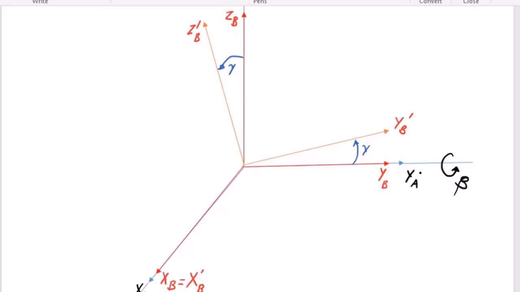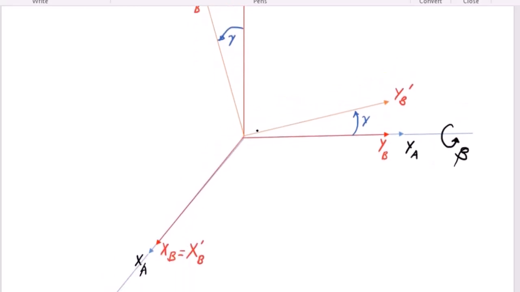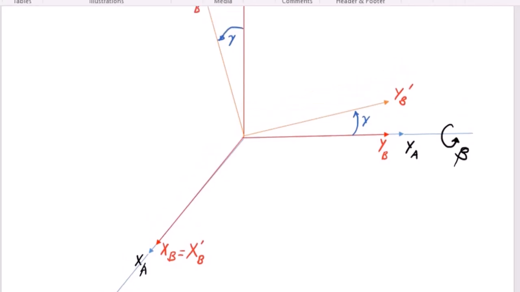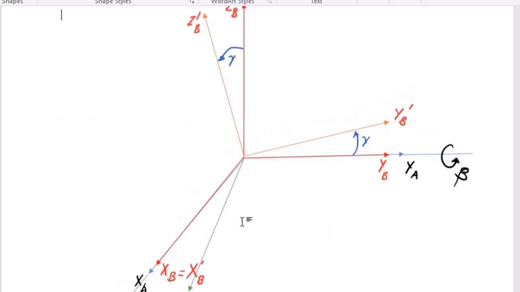When you rotate the beta, you will notice that XB prime, YB prime, and ZB prime will all rotate. They are 90 degrees with each other. They will all rotate. So look carefully, new arrow, same arrow. I will make the color green.